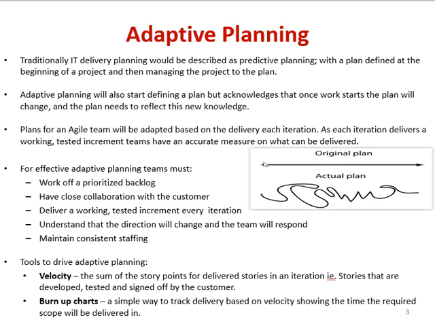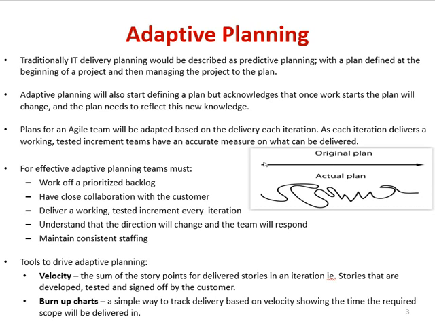Next, plans for an agile team will be adapted based on the delivery of each iteration. So we create a plan for every iteration, and in the subsequent iteration we will modify our plan again with our learnings and continuous improvement from the past release. As each iteration delivers a working, tested increment, teams have an accurate measure of what can be delivered.